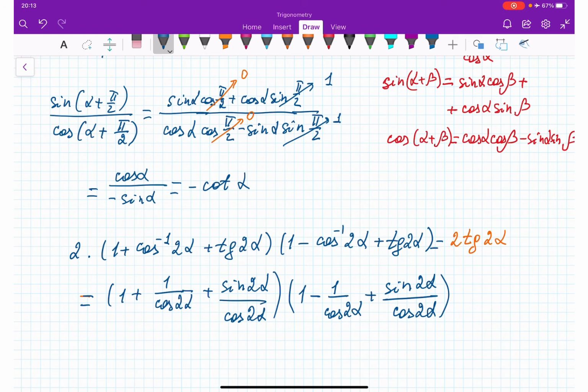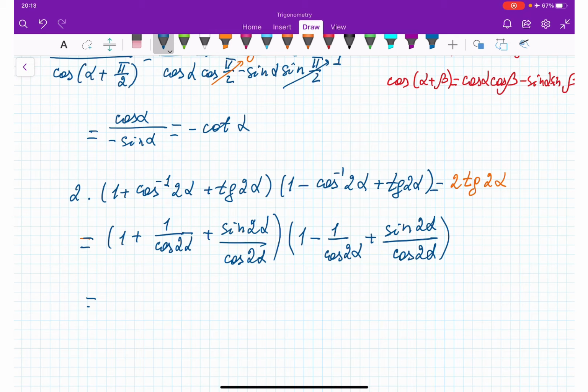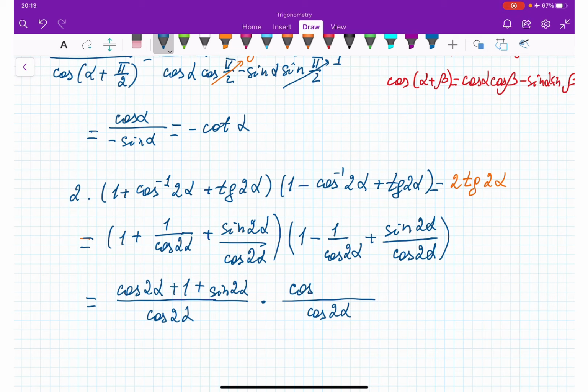All right, next, what we are going to do is bring to a common denominator cosine alpha. So 1 will become cosine alpha plus 1 plus sine alpha, and this is multiplied by cosine alpha minus 1 plus sine alpha.